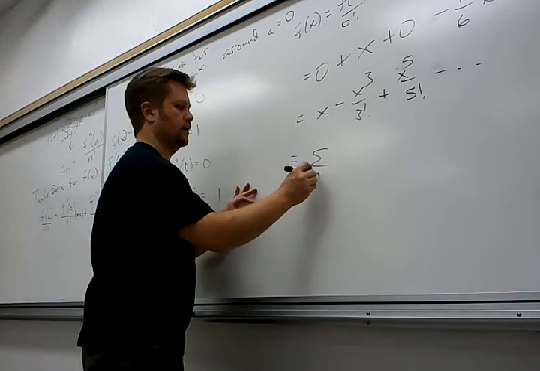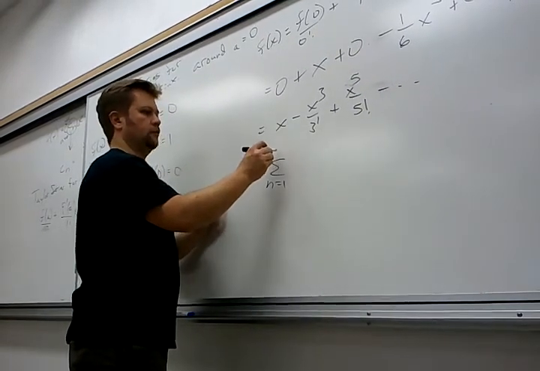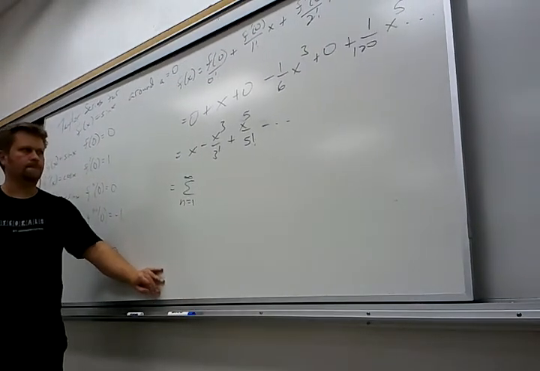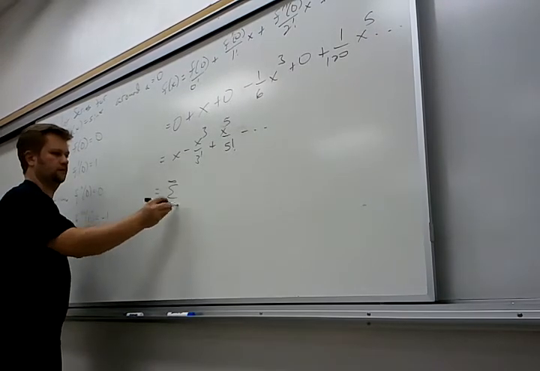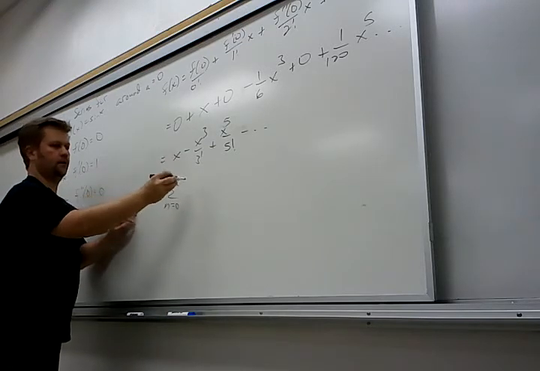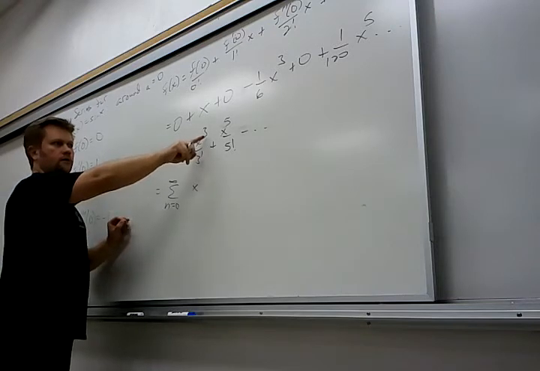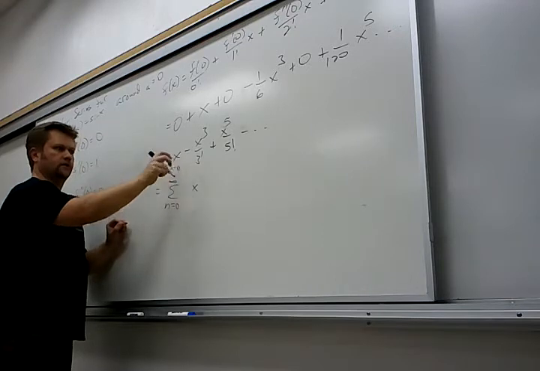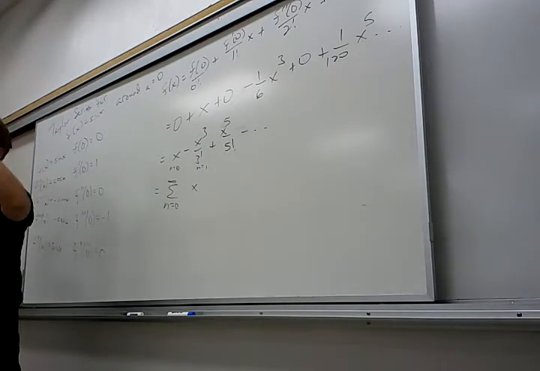So if I start this thing at 1, for example, will that work? Let's start this thing at 0. Let's make this easier. So what's going to happen here? This is going to be x to the... for n equals 0, it's this. n equals 1, it's got to be this. 2n plus 1, right?